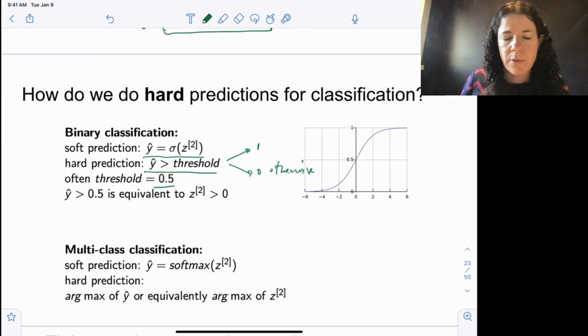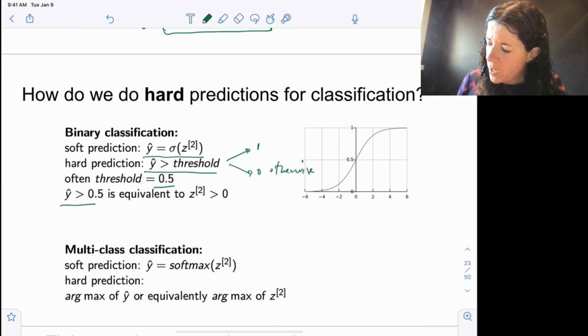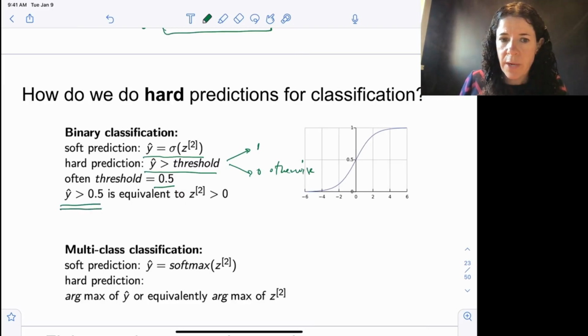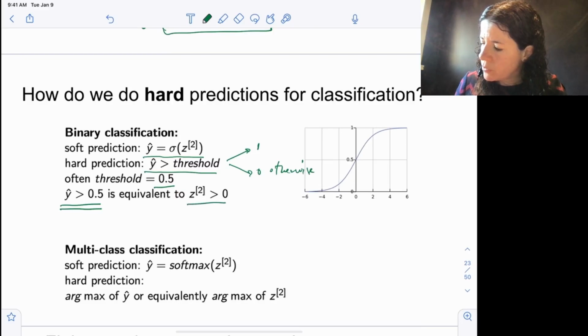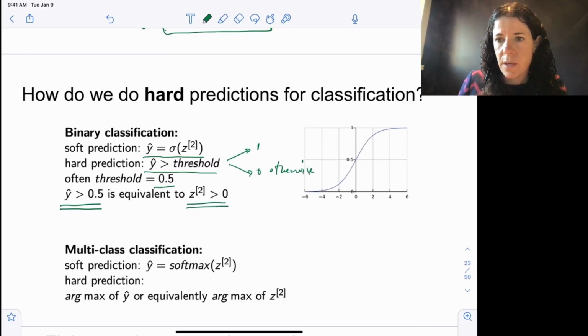I just wanted you to see that y hat bigger than 0.5 is equivalent to z2 bigger than 0. I want you to understand that, because I use it a lot in PyTorch. So instead of computing the actual probability, if I want to do a hard prediction, I will just use z2.